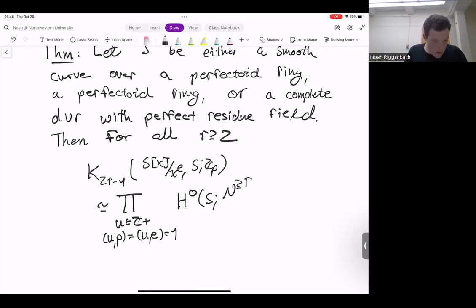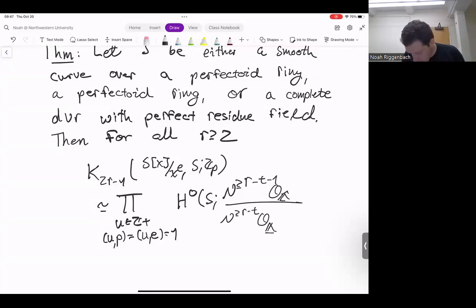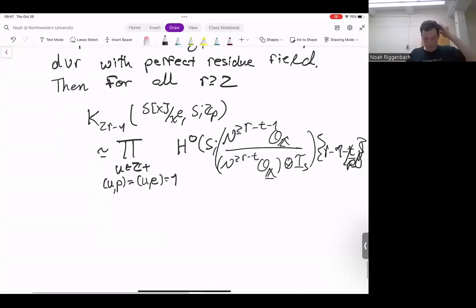So you take N^{≥ r-t-1} of O prism, and you mod out by N^{≥ r-t} of O prism, tensored with I sub S. And then you take this and you twist by the Breuil-Kisin twist by r-1-t over p for that.